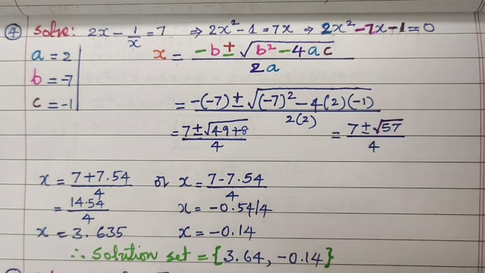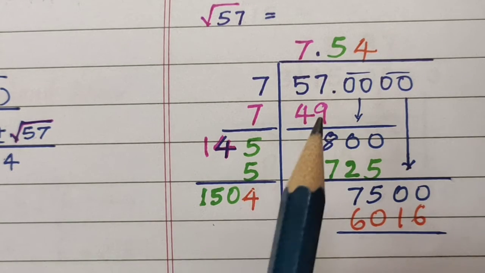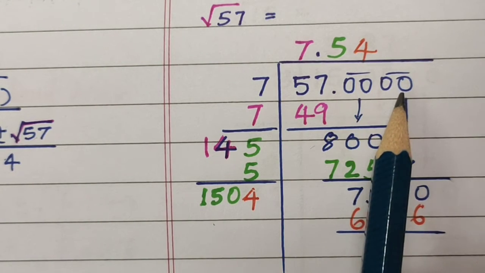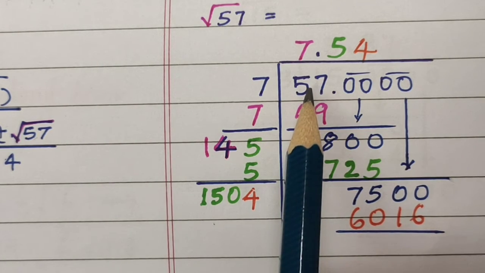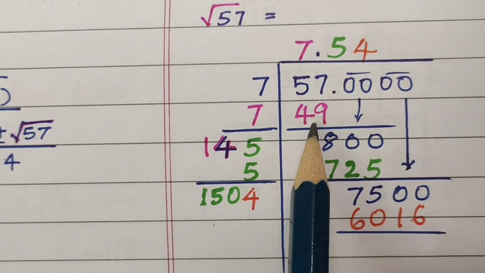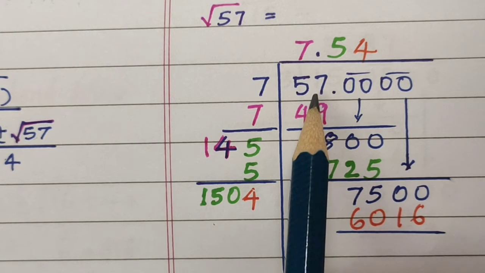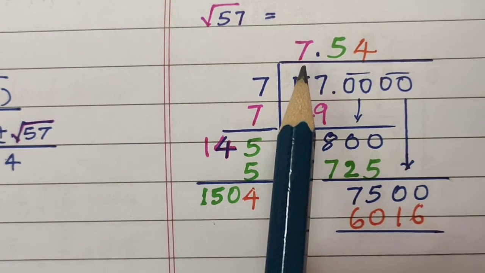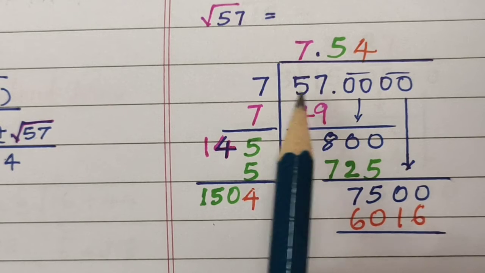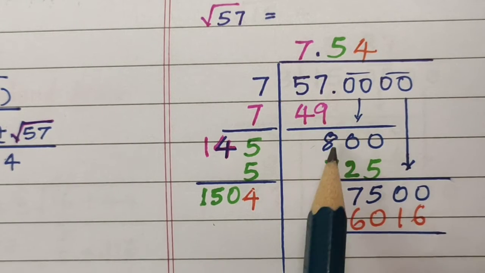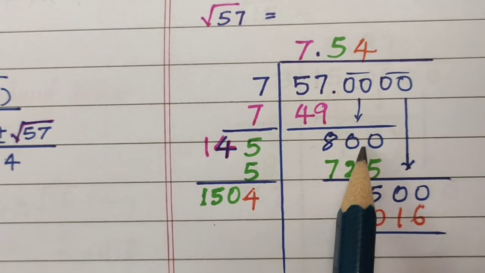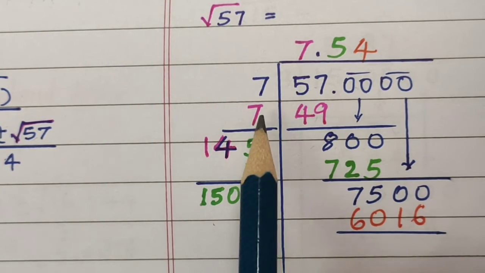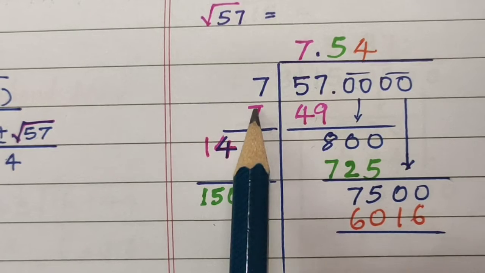Here you need to find out the square root of 57. To find the square root of 57, write 57.0000 and get the multiples so that you get closer to 57. 7 sevens are 49, which is closer to 57. 8 eights are 64, that will be greater than 57, that's why we took 7 sevens are 49. When you subtract 49 from 57, you get 8. Bring these two zeros down, then add this 7 to this 7, that will become 14.